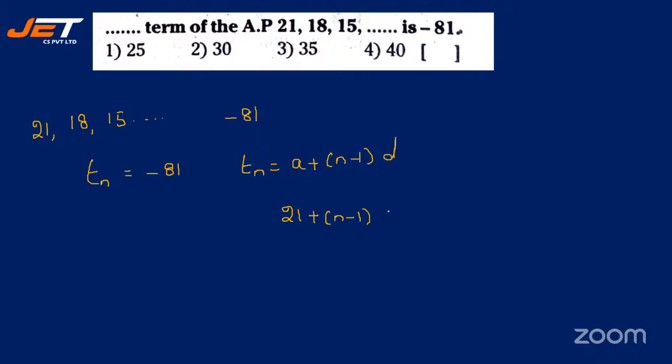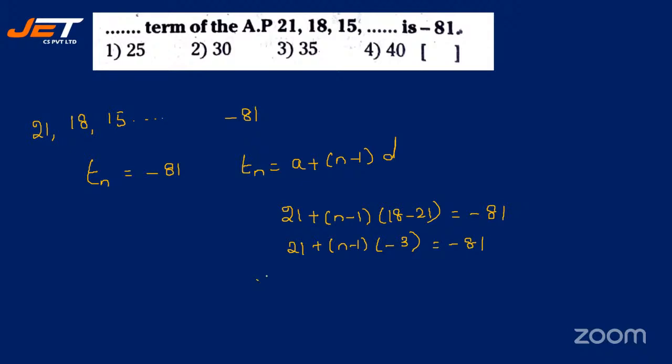D is 18 minus 21, T2 minus T1. So this is equal to minus 81. Clear? So 21 plus n minus 1 into minus 3 is equal to minus 81.